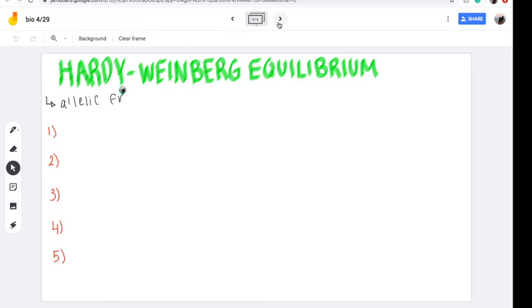For example, if the frequency of an allele for a particular trait is 0.5 and the population is not evolving, then in 1,000 years, the frequency of the allele is still 0.5. This is called the Hardy-Weinberg equilibrium, and according to Hardy-Weinberg, if the population is stable, it must include 5 rules, which we will go over right now.